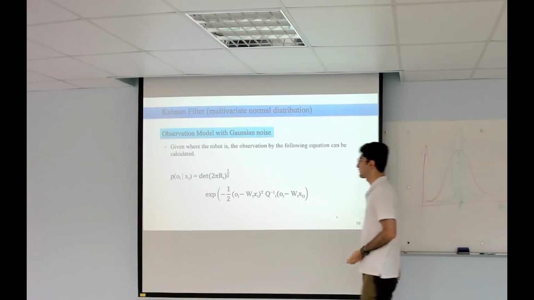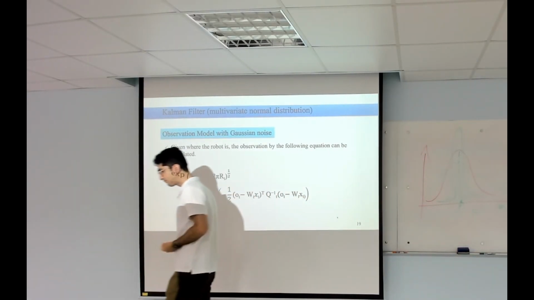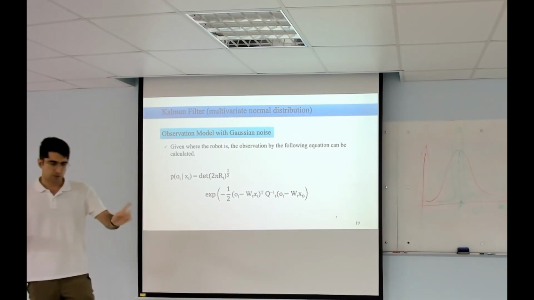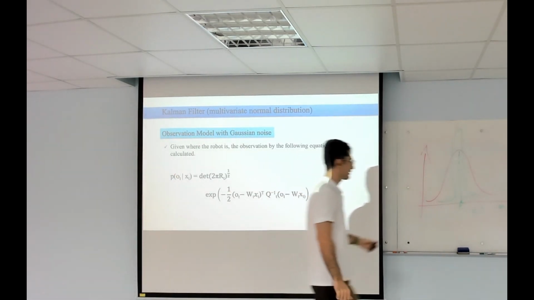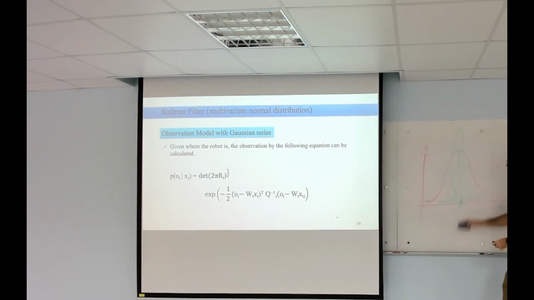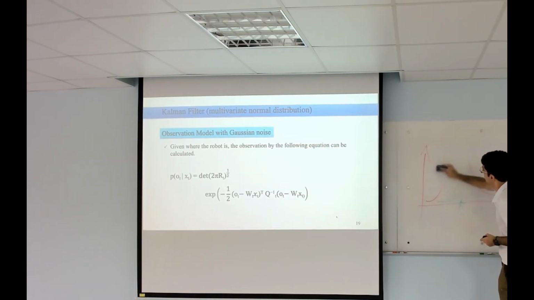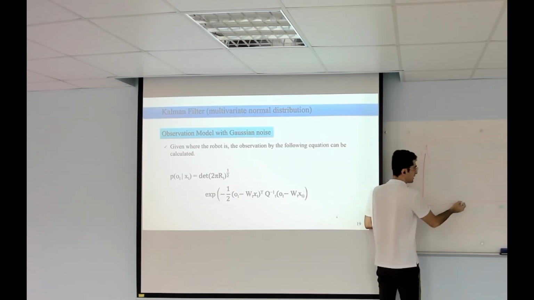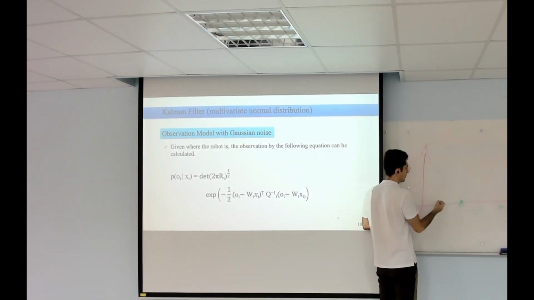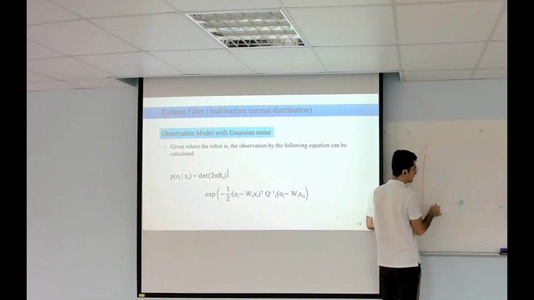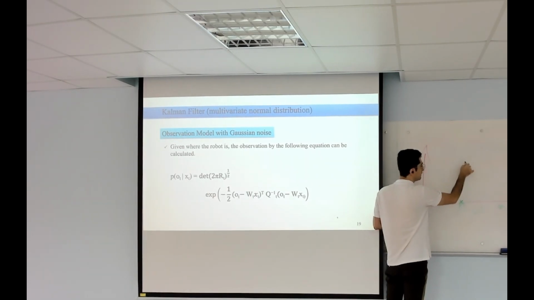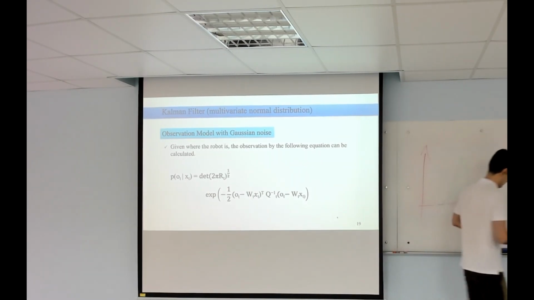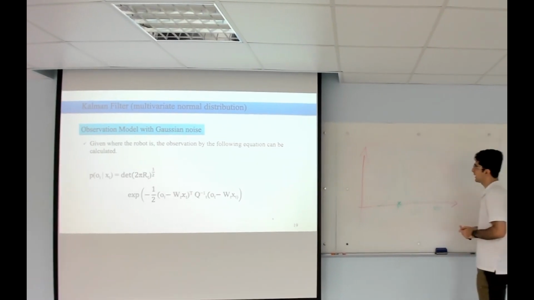And usually that's with zero mean, and the covariance indicates the amount of error. What does it mean? If I say my robot is over here with some certainty, with some belief, I can add noise here.